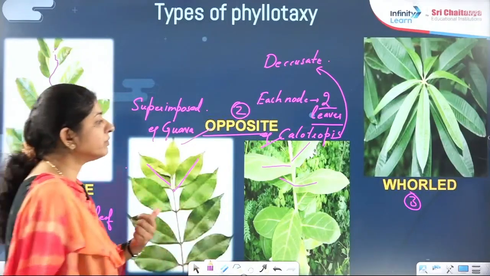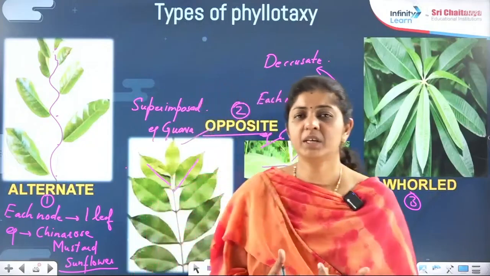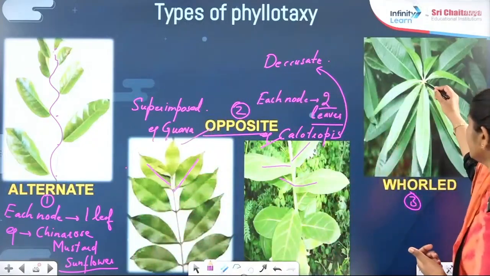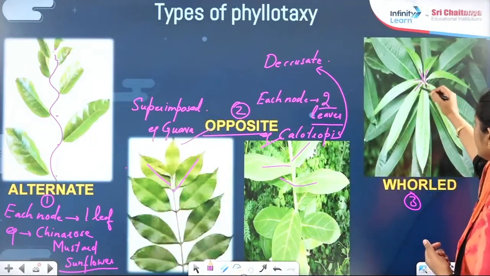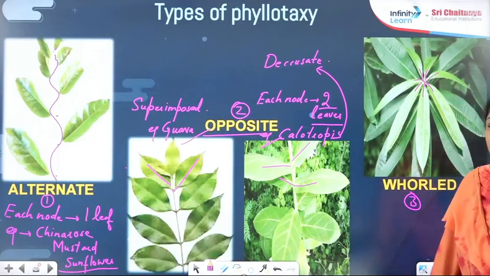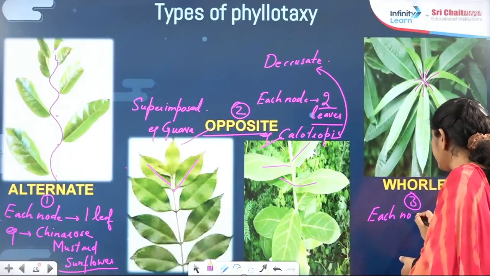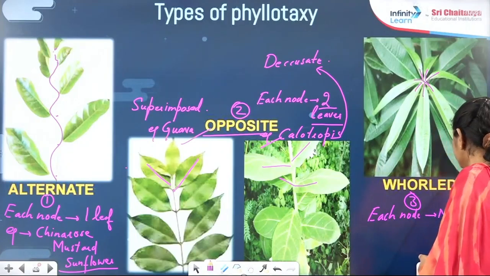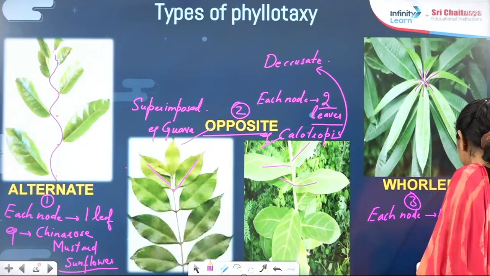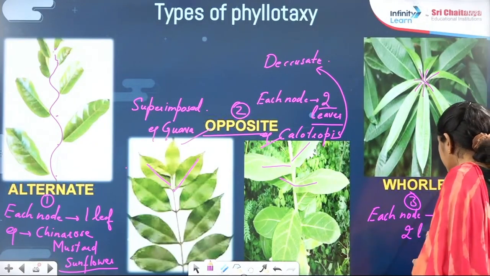Now coming to the whorled type. Whorled type means in each node, can you see more than 2 leaves are there? In whorled type, each node will carry more than 2 leaves, right?